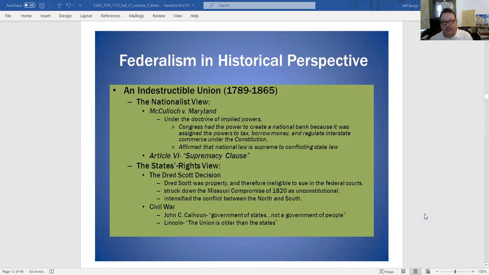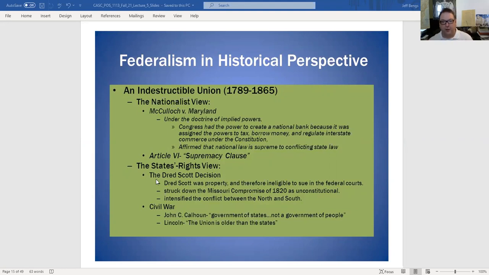And so now let's think of the states during this time, and these things that we're going to talk about, the states strike back. All right. What happened in this 75-year period that was kind of a balance to these national cases that kept the dual federalism primarily state focused?